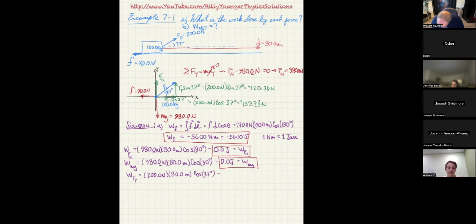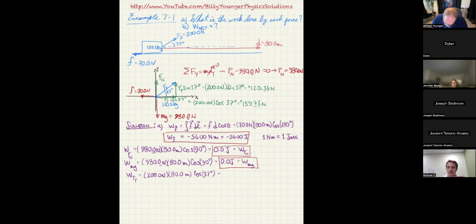That's going to bring us down to 2 sig figs. So I'm going to say 200 times 80 times the cosine of 37. You'll notice that 200 times cosine 37 basically gives us 159.73.